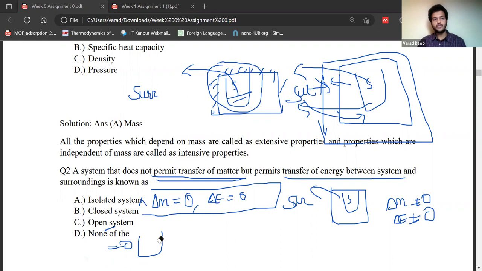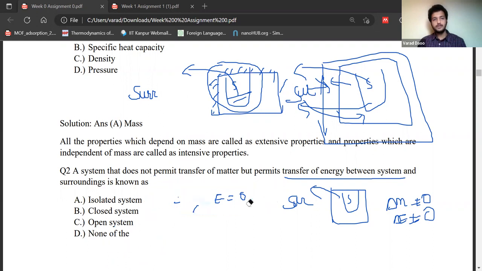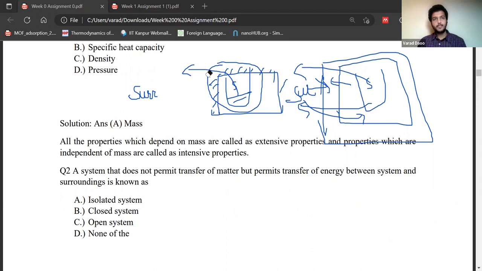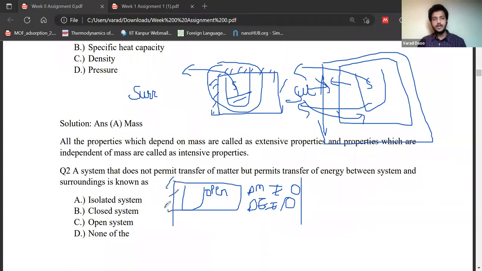In short, for an open system, system and surrounding can exchange mass as well as energy, so both are non-zero. If in an open system you make an arrangement where mass transfer cannot occur, that is called a closed system.